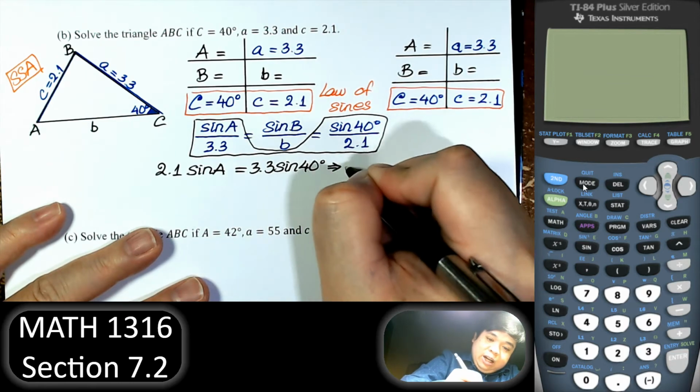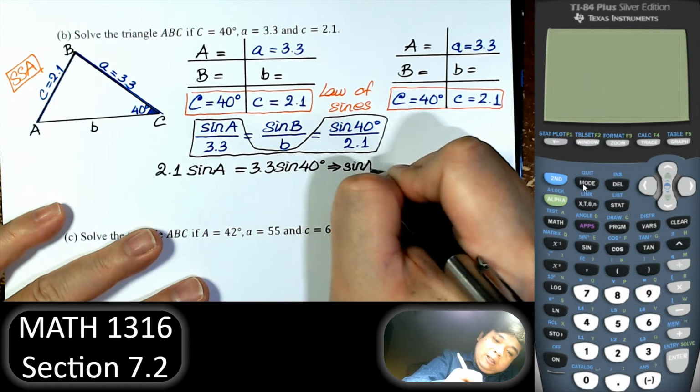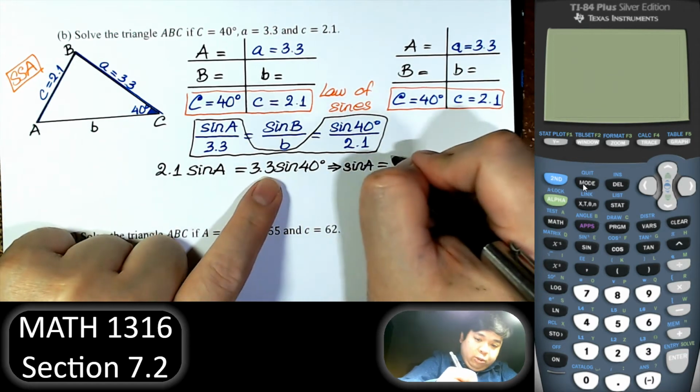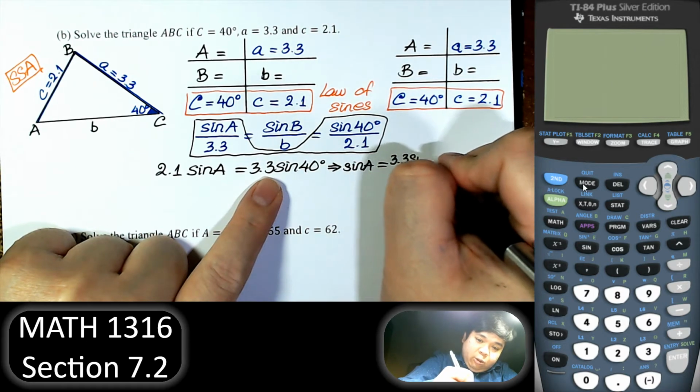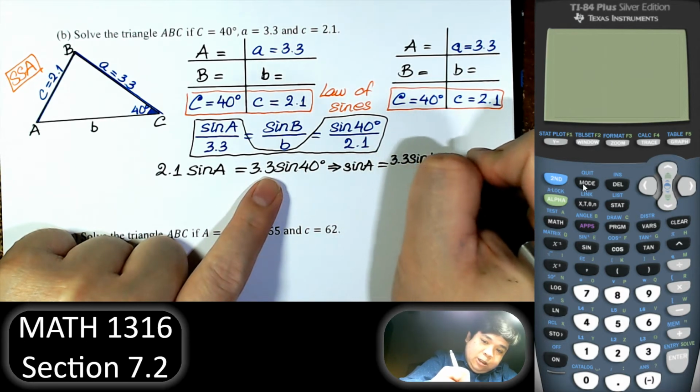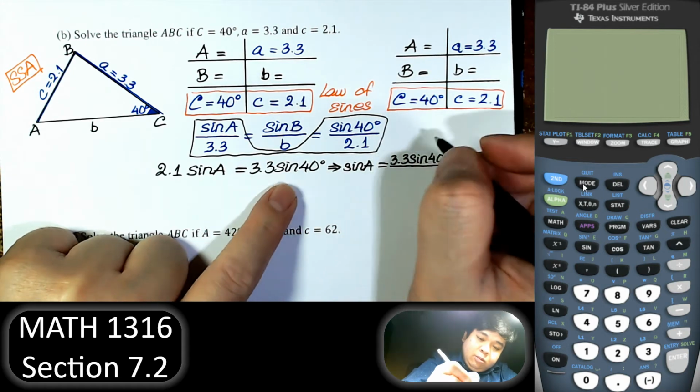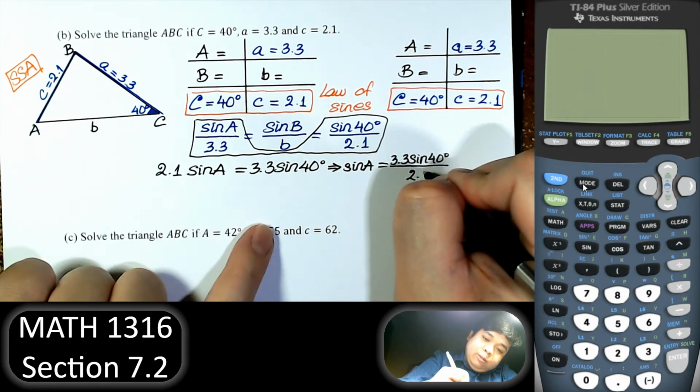So from here we can get sine A is equal to 3.3 sine of 40 over 2.1.